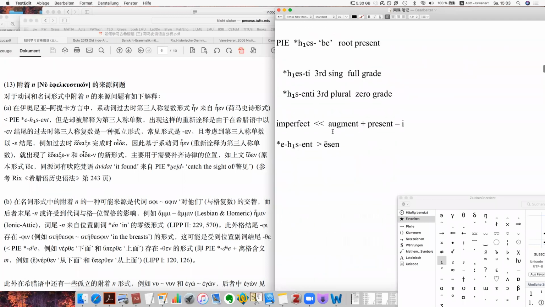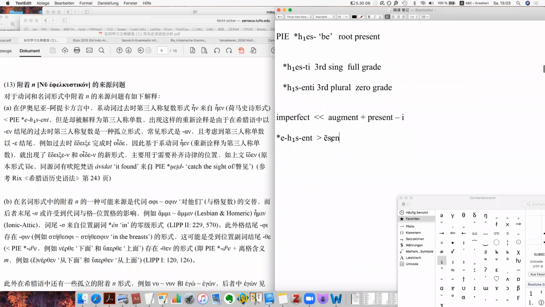So we have asn, and the s will become an h sound. And then this is written as eta and n in Greek.